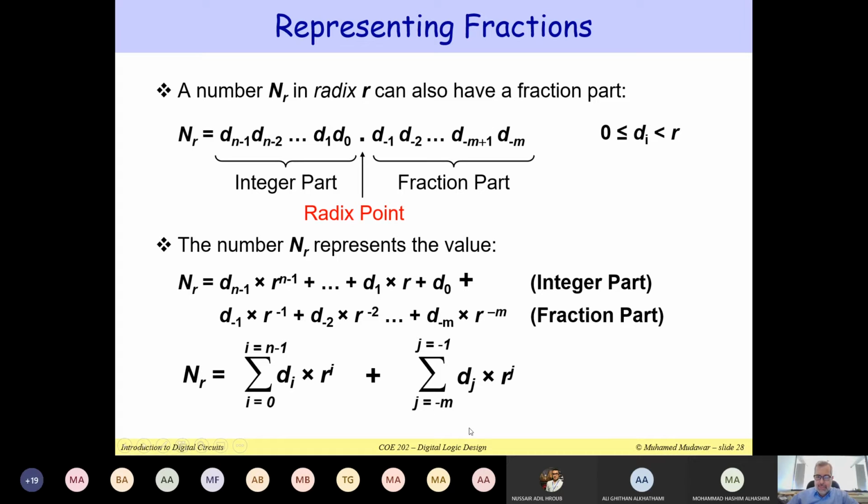Then this is the second summation, also written in sigma notation, for the fraction part. dj here is the digit in the fraction. I'm using j from minus 1 to negative m. Of course, negative m will be the smaller value and negative 1 the larger value, so I'm writing them in this order. It will be dj multiplied by r to the power j, but the exponent here is negative, indicating the fraction part.